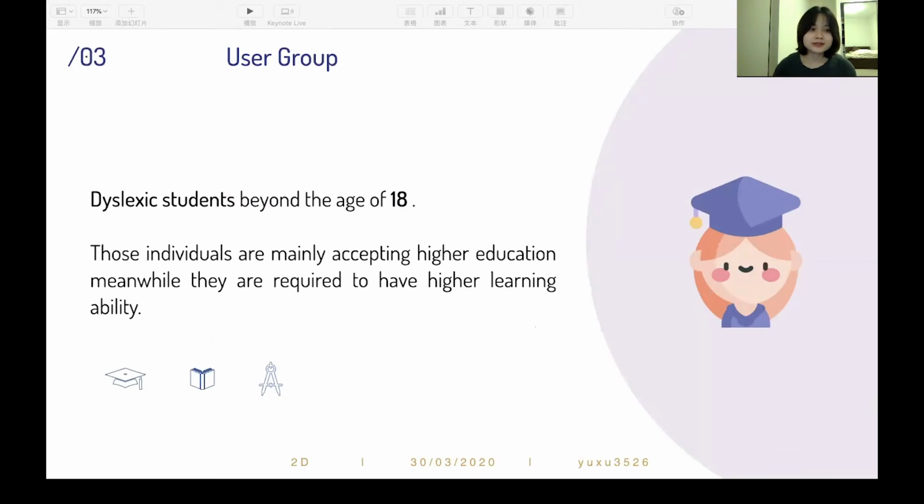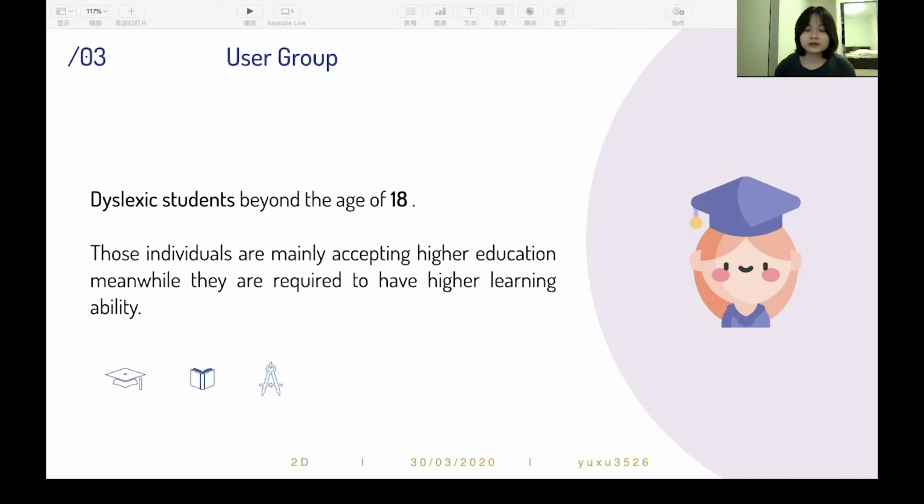So next, we want to talk about the user group. We want to focus on dyslexic students over the age of 18. This is because they are mainly studying in higher education.